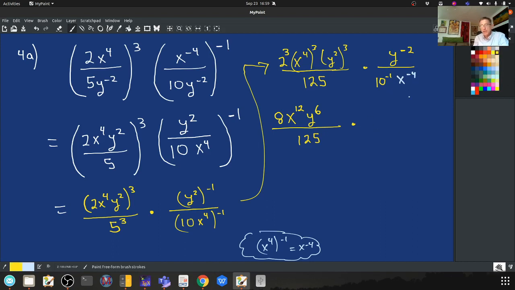I'm going to exchange places. I'm going to move the negatives in the numerator up so I can get rid of the negative exponents. When I said negative, I mean negative exponents. And then y squared at the bottom.